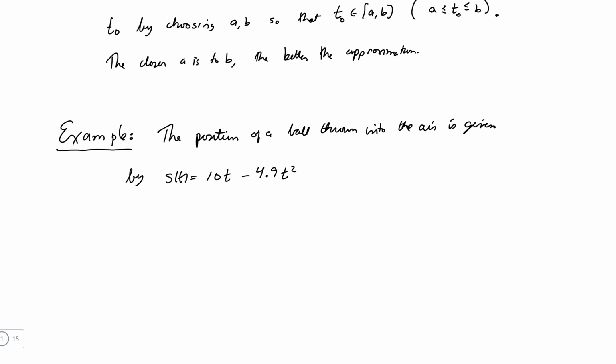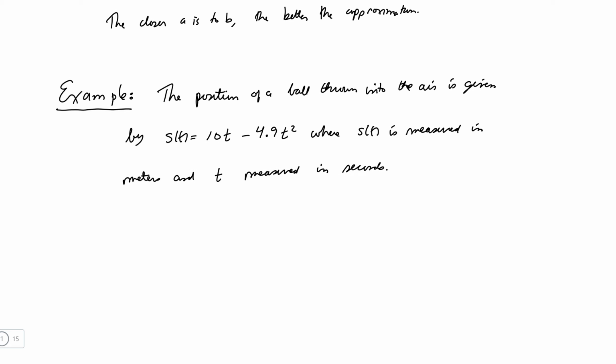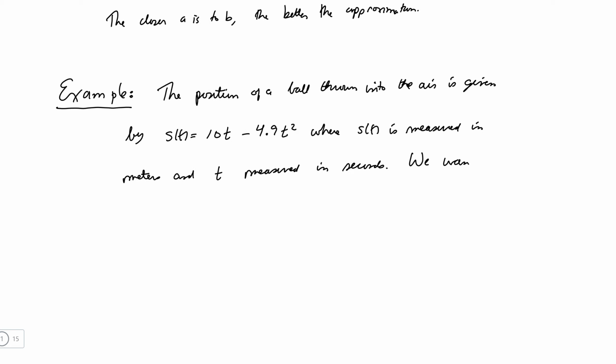Here S of t is measured in meters, and t is measured in seconds. We want to estimate the speed, which we might also refer to as velocity, of the ball after 2 seconds.